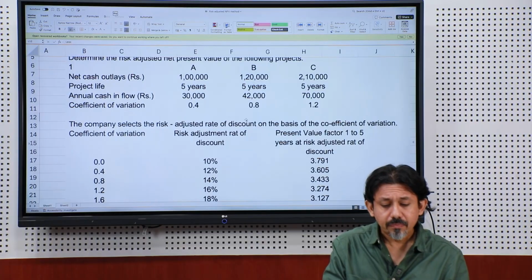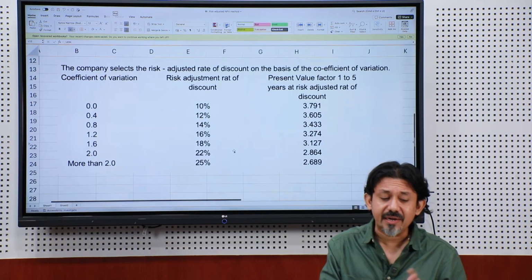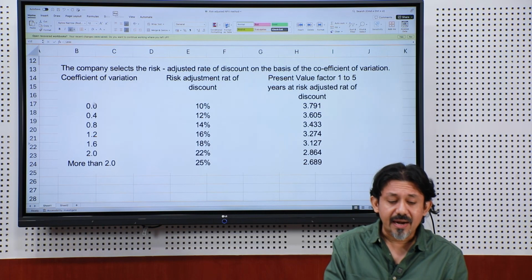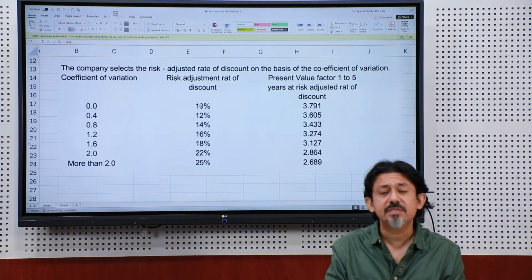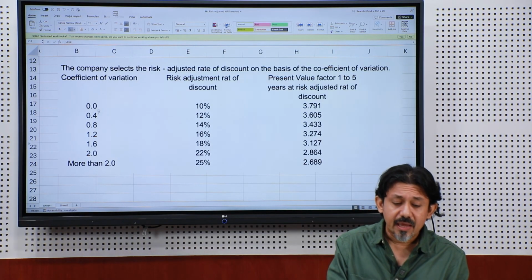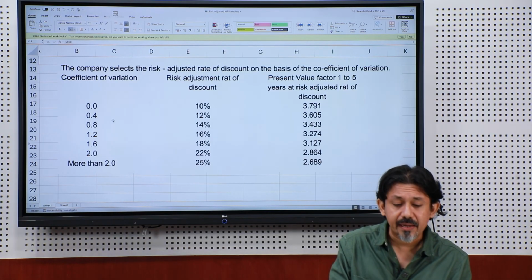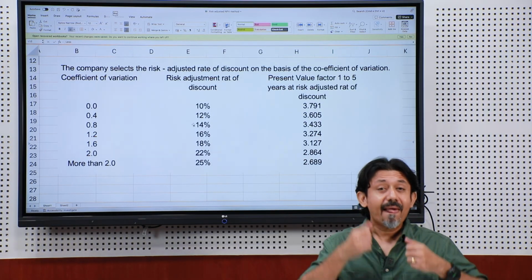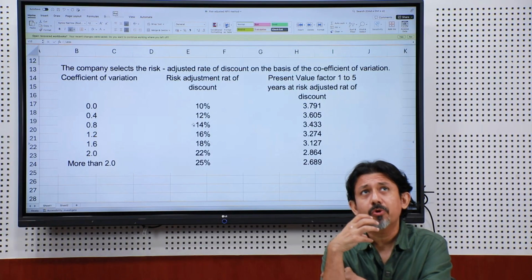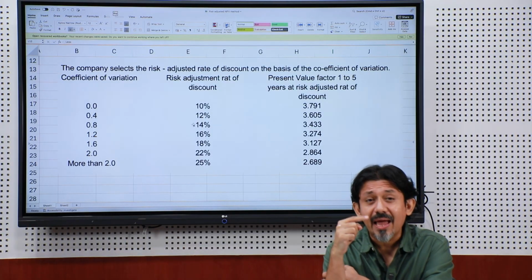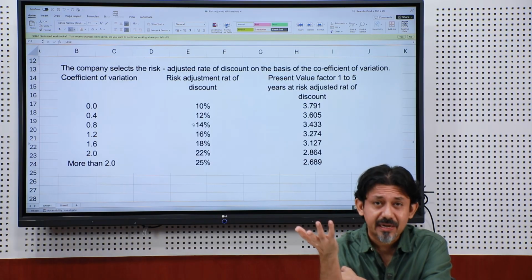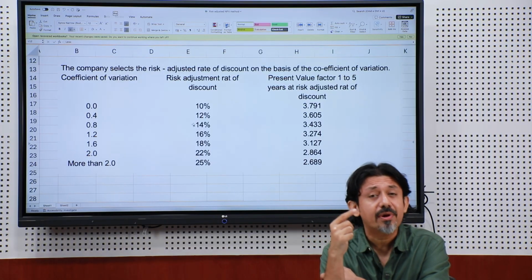In this case, you are also given a table saying that if the coefficient of variation is 0, then the risk adjusted discount rate that the company uses is 10%. However, if the CV increases from 0 to 0.4 to 0.8, the discount rate increases from 10% to 12% to 14%. This applies the logic that the higher the risk, the higher the expectation of return and hence the discount rate goes up.